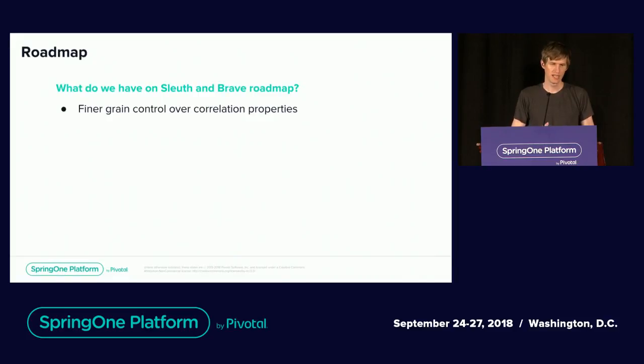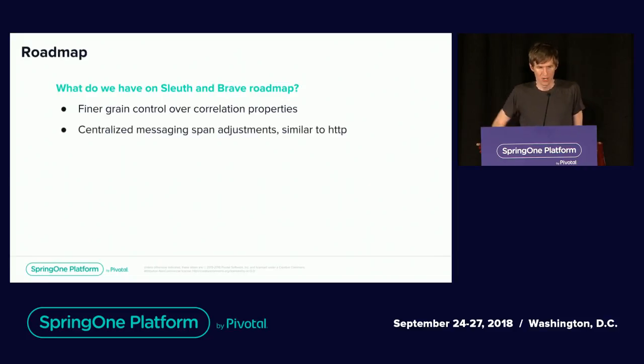in their logs. And so there's some, I would say, medium-term work that will land to basically give an API to control the data that's getting into the log files. We have something that will definitely be in the final release of 2.1, which will allow you to adjust any span, not just messaging spans.